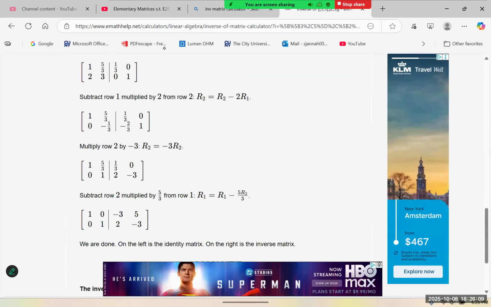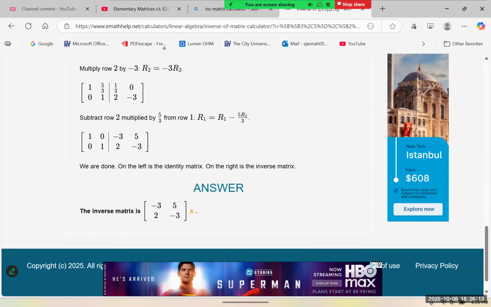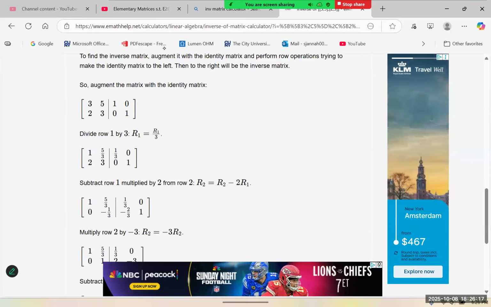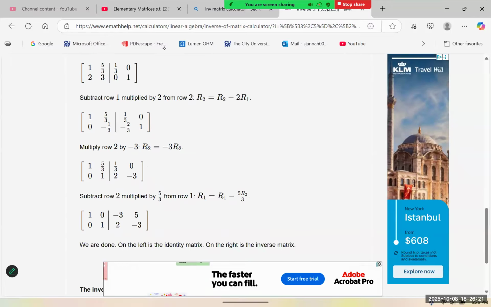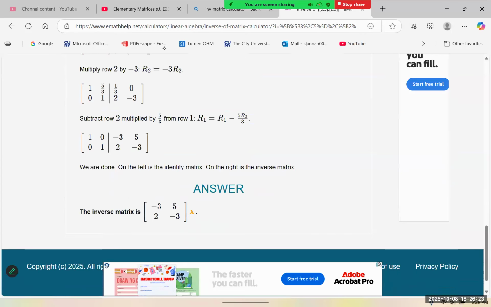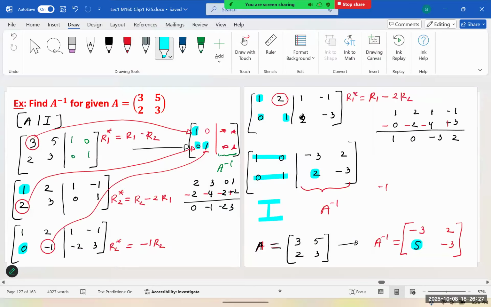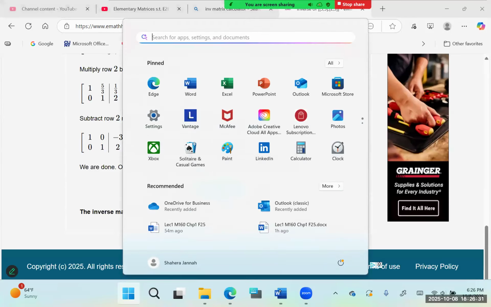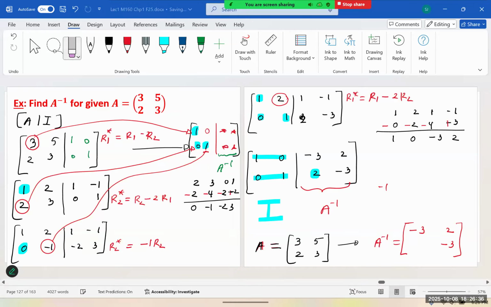The only difference is that they divided by 3 instead of subtracting. Okay, so it's 2, 5. Oh, okay. So 2 is here, 5 is there.